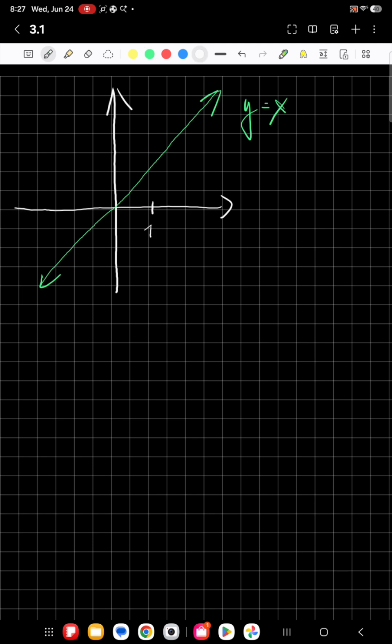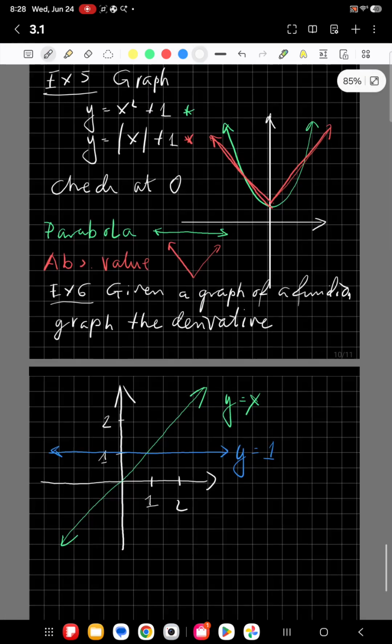Anyway, so if this is 1, 2, and 1, and 2. So basically what we need to do is figure out the slope of that line, and the derivative is a slope. So if it's y equals x, the slope is 1. So what I'm graphing is y equals 1. Okay. So that's how you can think about it. That was example 6.